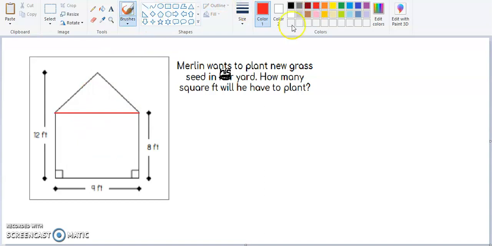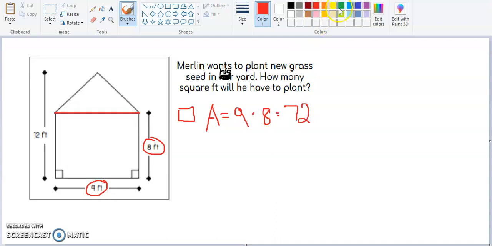Okay? So let's go ahead and just start with the rectangle because those are the easiest, right? So area equals base times height. And in this case, it's again 9 and 8. 9 times 8 is still 72.